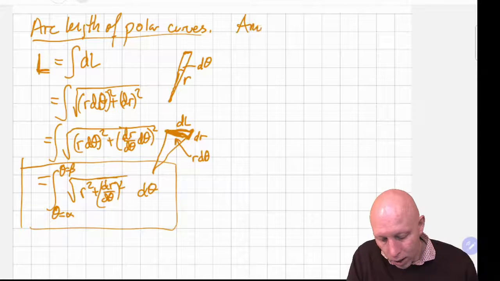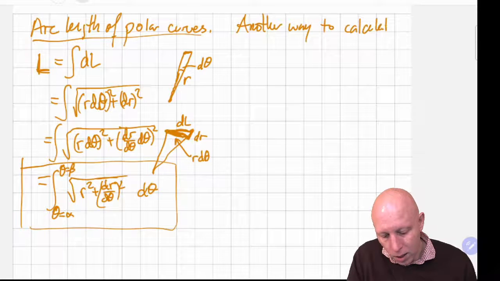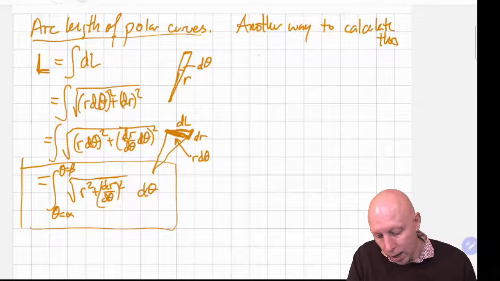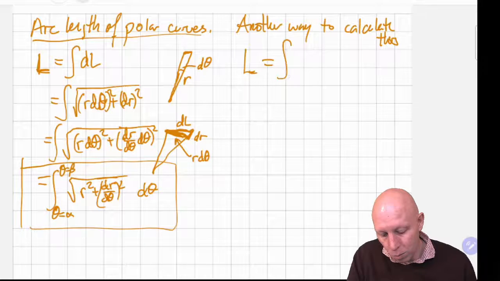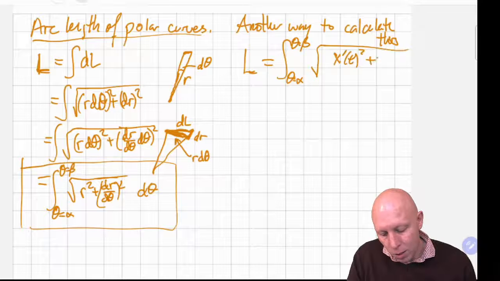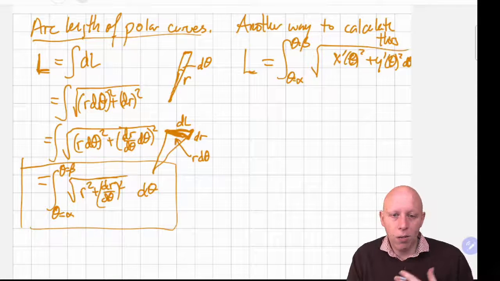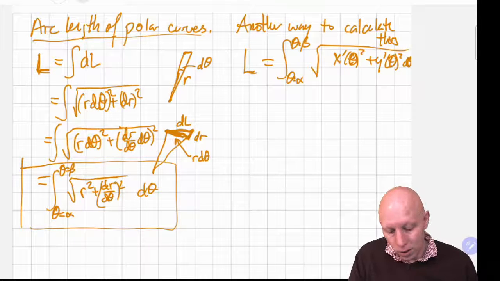So another way to calculate this is to say we already know that the arc length is equal to the integral from theta equals alpha to theta equals beta of the square root of x prime of theta squared plus y prime of theta squared, d theta. This is our arc length formula from parametric functions.